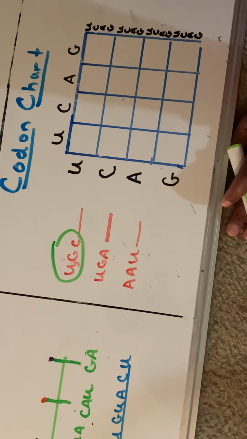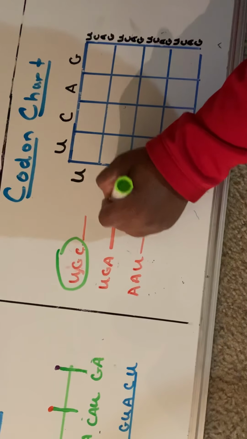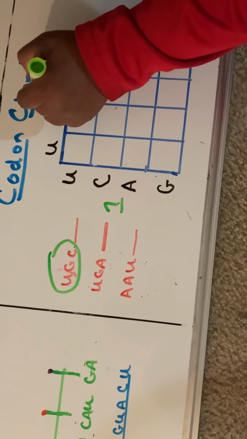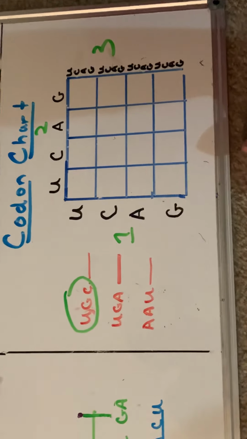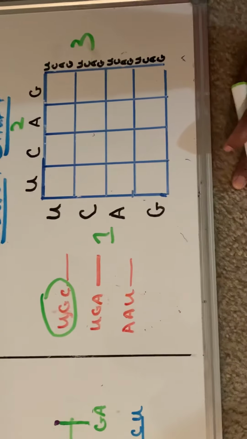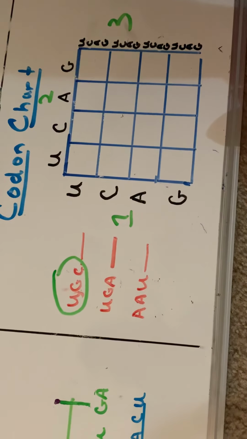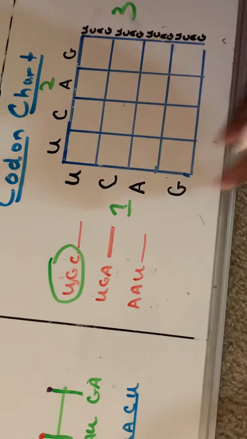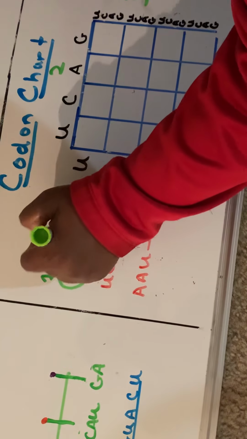So the way that this works with the codon chart is you have 3 sides. You've got side 1, 2, and 3. So each nitrogenous base is assigned to a side of the codon chart. Okay, so we have 1, 2, and 3.